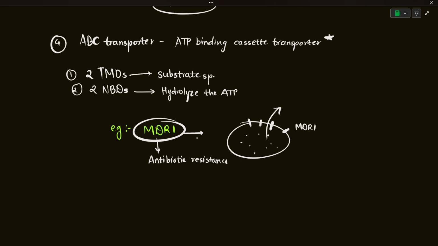The thing you have to remember is that the MDR1 protein is essential for providing antibiotic resistance. Whenever there is MDR1 in any type of cell, it is going to develop multi-drug resistance. If the protein starts expressing in bacteria, the bacteria is antibiotic resistant, and if it starts expressing in tumor cells, the tumor cell has developed multi-drug resistance.